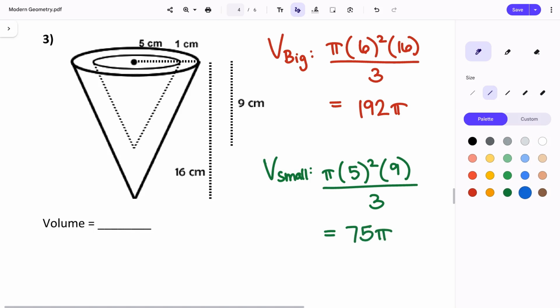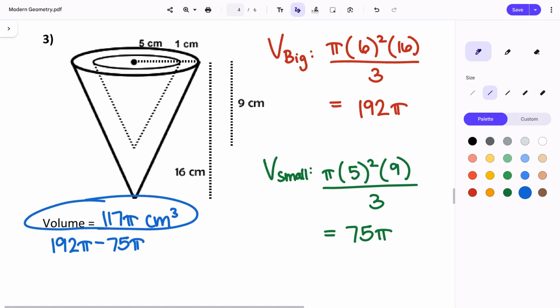Okay, so then what should I do with those two numbers since it's hollowed? Subtract. So 192 pi minus the 75 pi would leave me with how much? Good, 117. Very good, pi centimeters cubed. There's your final answer. Any questions on our cone shape? Okay, very good.